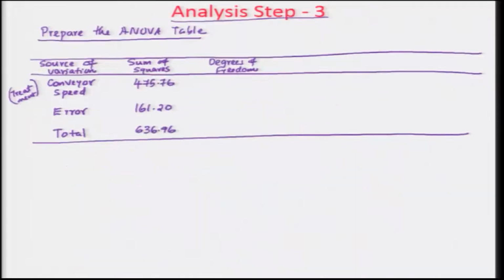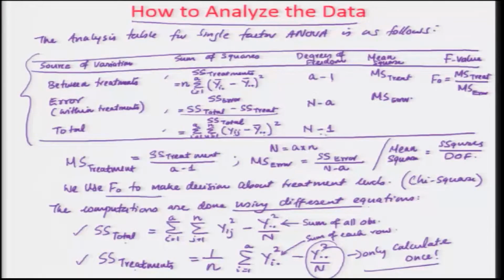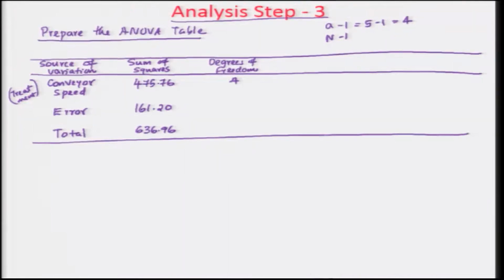The value of the degrees of freedom here is a minus 1, 5 minus 1 equals 4. So, this value will be 4. This is N minus 1. If you remember, this is written as N minus 1 as the degrees of freedom. So, N minus 1 is equal to 25 minus 1, which is 24.